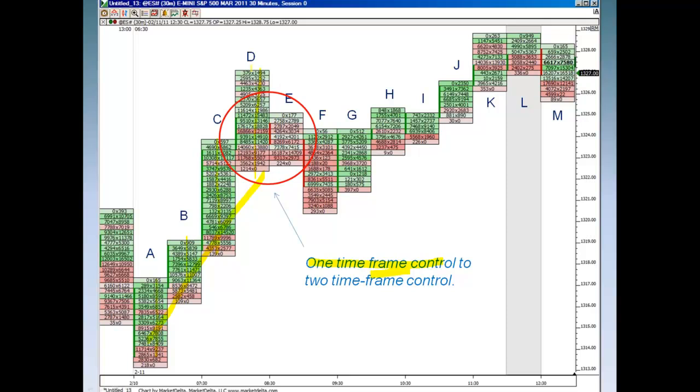Period E, the high for period E is lower than the high for period D. The low is still higher than the low for period D, but we certainly see a couple of things that would indicate for us that a transition has occurred. First of all, we're starting to see more red in the bar.